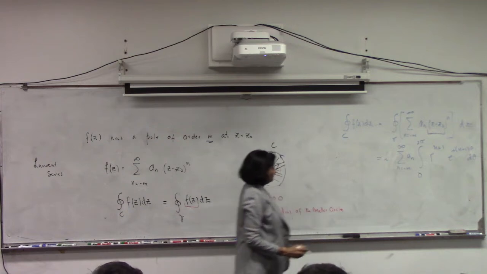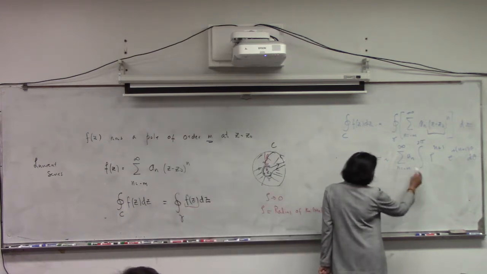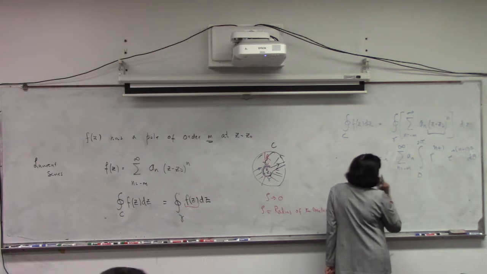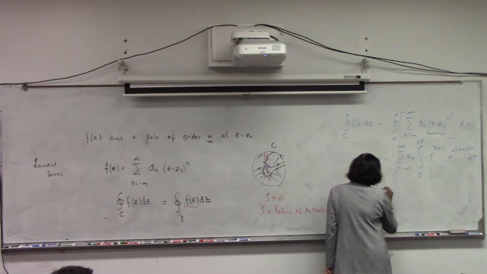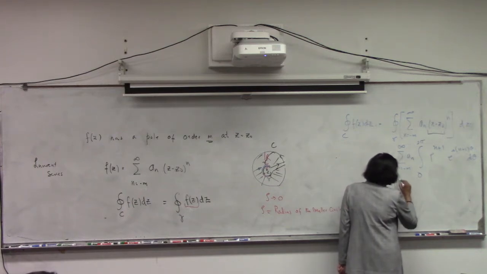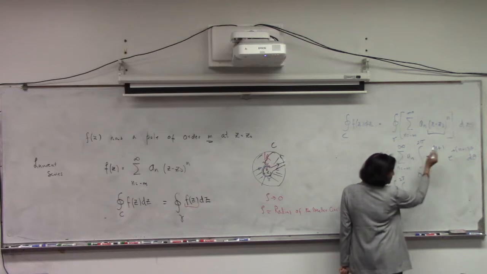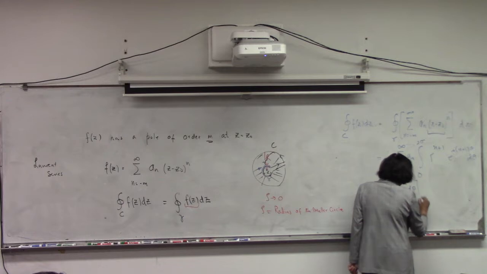All right. Now I'm going to separate here the term n equal to negative 1. For n equal to negative 1, rho to the 0 is 1, so all I have is this term.